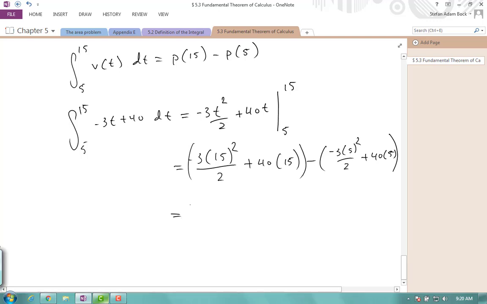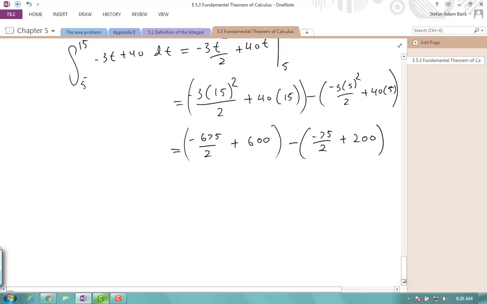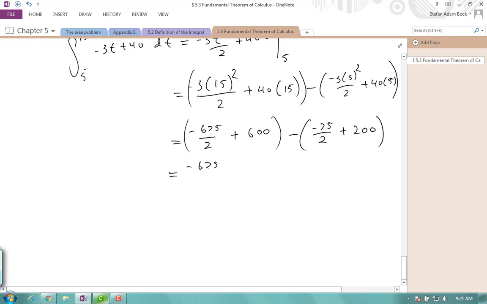So I have negative 675 over 2 plus 600 minus negative 75 over 2 plus 200, which is minus 675 over 2 plus 600 plus 75 over 2 minus 200, which, if I'm not mistaken, is minus 600 over 2 plus 600 minus 200, so that's 400.